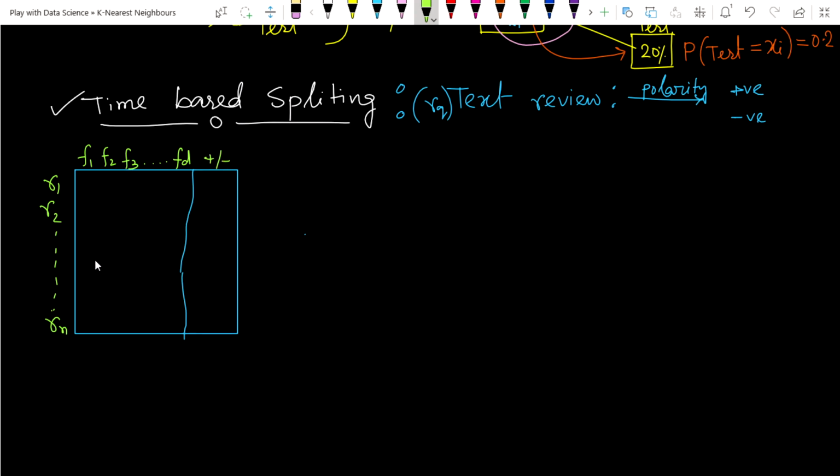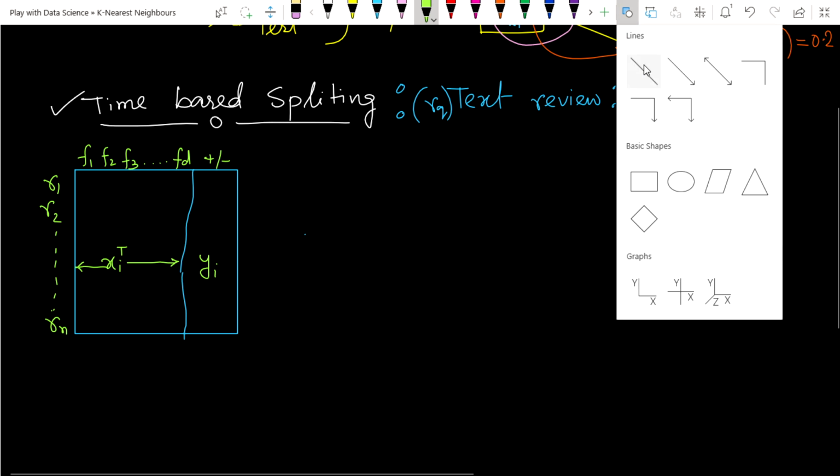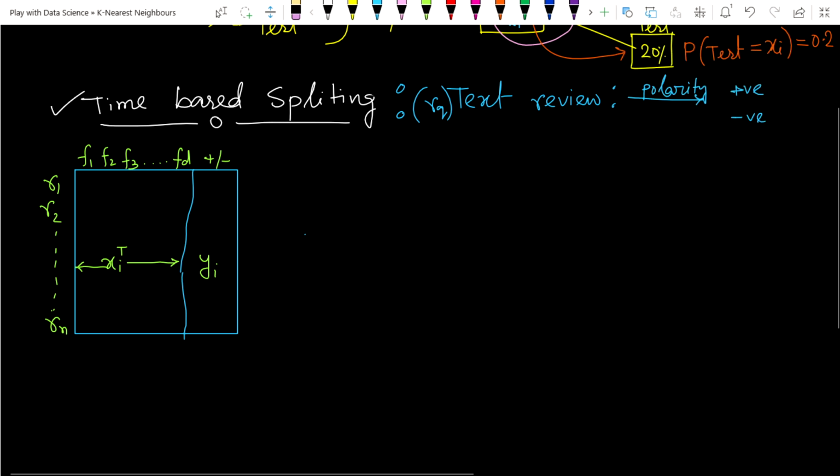Suppose here is our feature vector that we call xi in general, and its original output is yi. We have seen this, and suppose we have some kind of features like that.